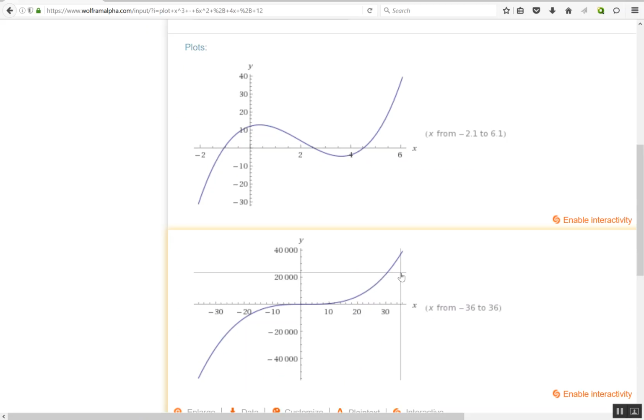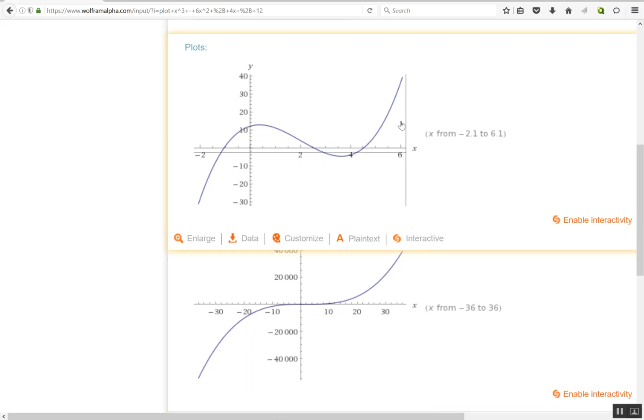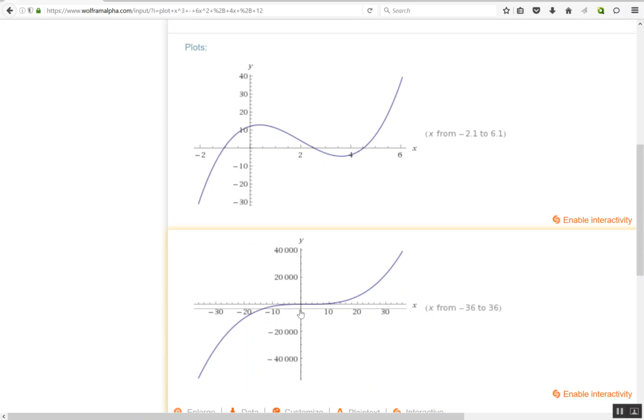So you have to be careful about scale, because when you zoom out, little perturbations like this smooth out and look straight, even though they're actually not straight around here. It's just that on the scale, it kind of looks like it.